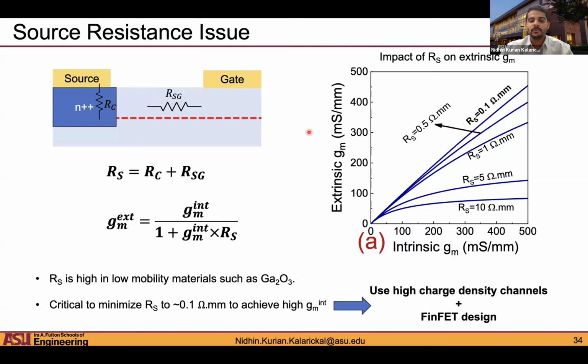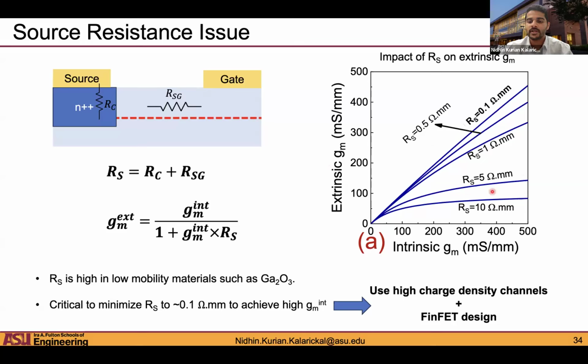Okay, so this is a plot of extrinsic GM versus intrinsic GM for different values of source resistance: 10 ohm millimeter, 5 ohm millimeter, 1 ohm millimeter, and so on. As you can see, you really should be looking at getting close to 0.1 ohm millimeter source resistance to really get good extrinsic transconductance from gallium oxide.